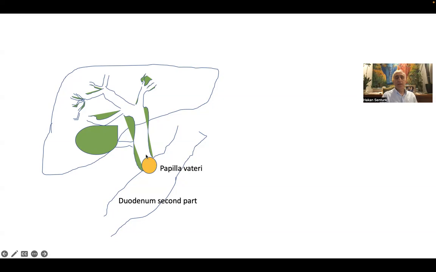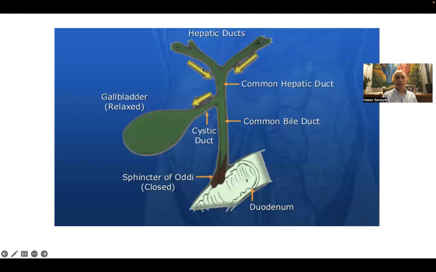And the common bile duct opens into the second part of the duodenum at the papilla of Vater. Malignancies and fibrotic strictures of the papilla of Vater may result in cholestasis as well. And here you see again the extrahepatic biliary system: right and left hepatic ducts, common hepatic duct, cystic duct, and common bile duct. So any obstruction at these levels would result in cholestasis.